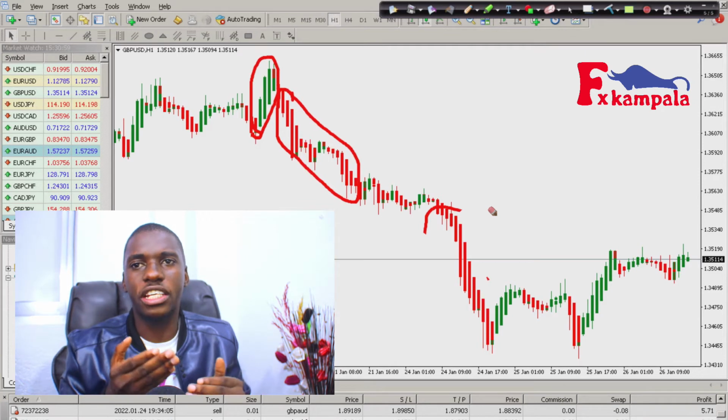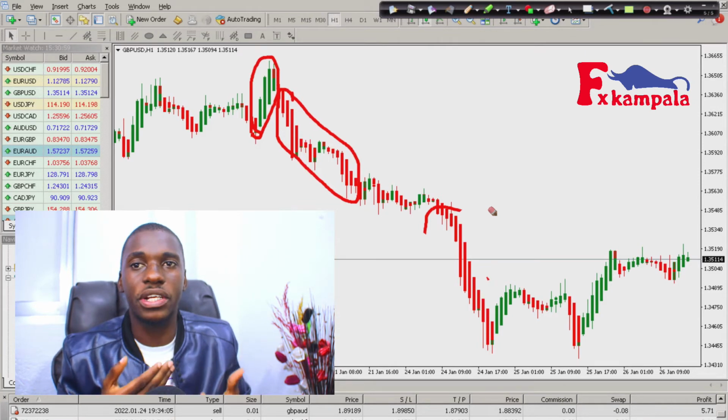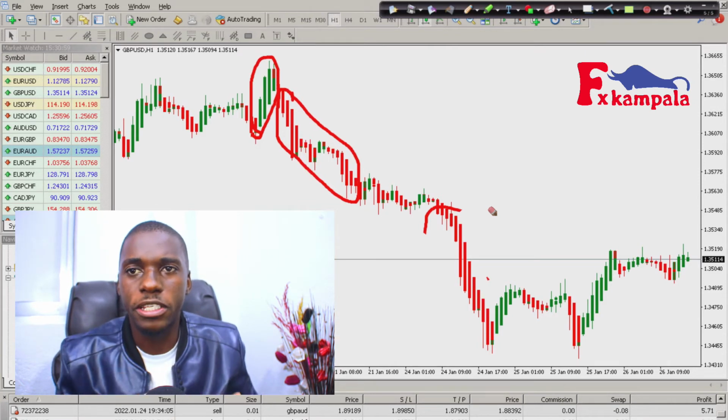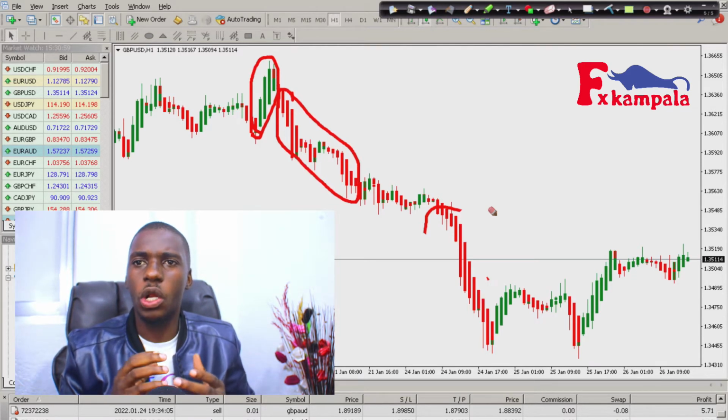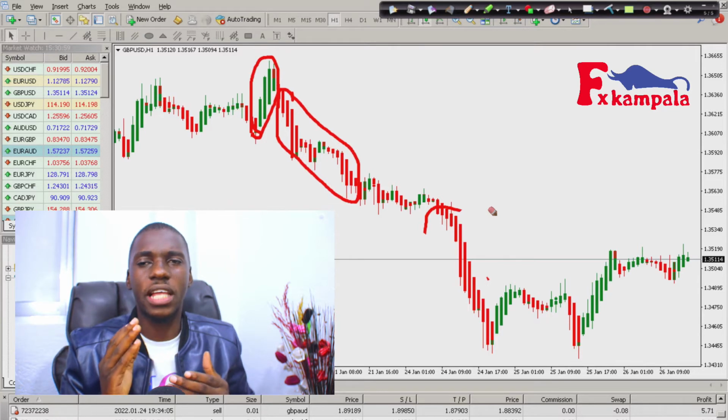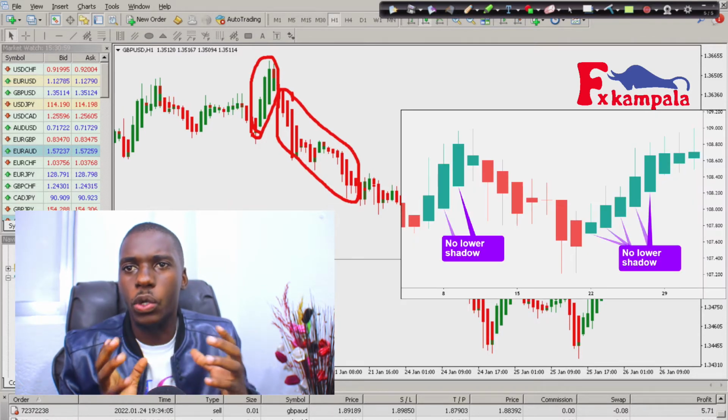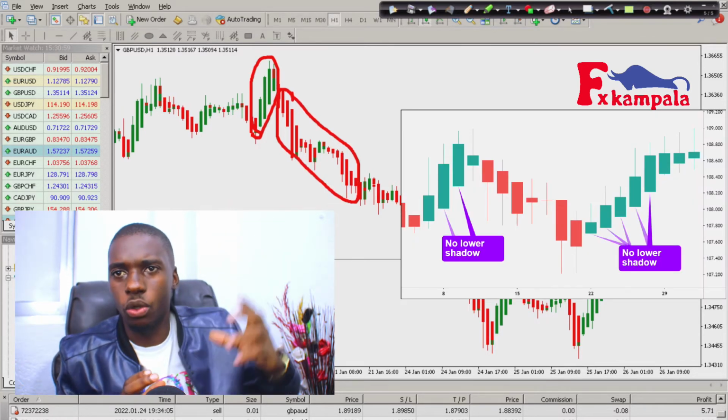Okay, so early trends can be spotted with heikin-Ashi whenever you see a very long candle. If the trend is upwards, this particular candle will only have the upper shadow.